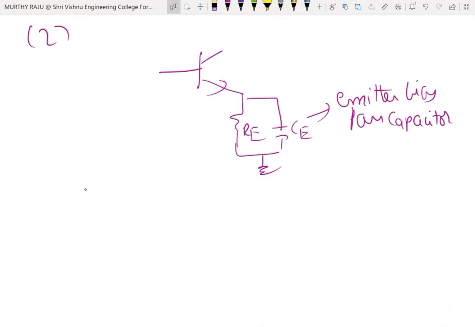Suppose for signal analysis, CE is replaced with a short circuit.